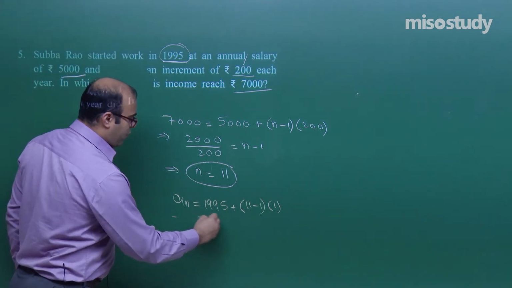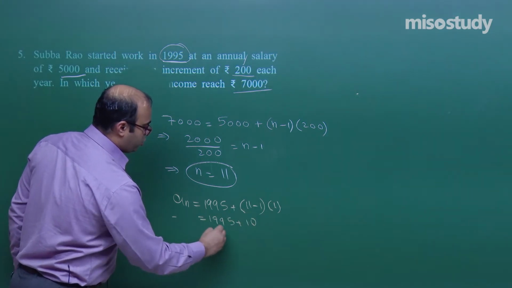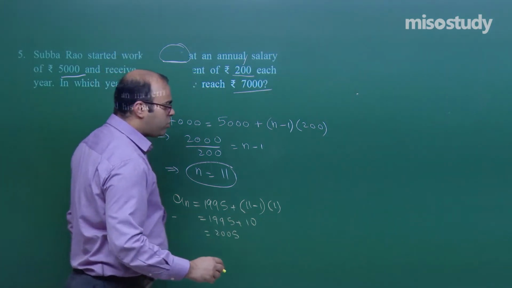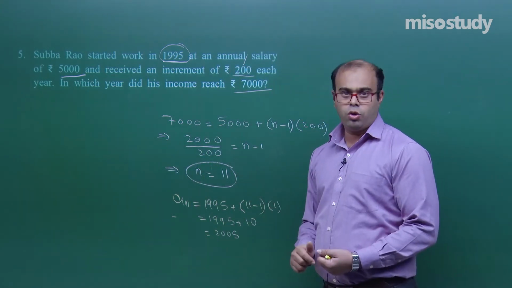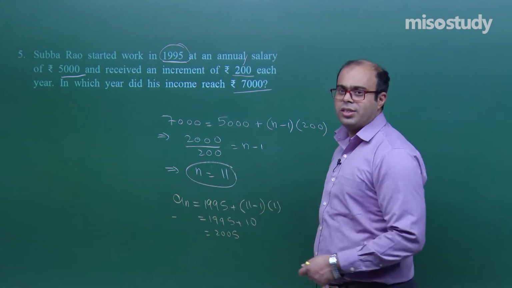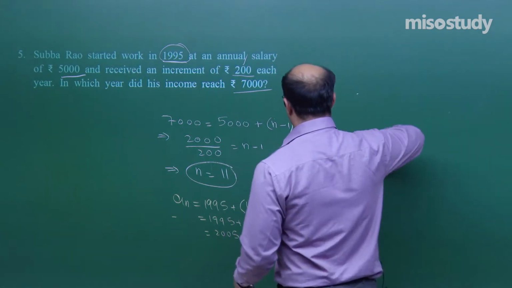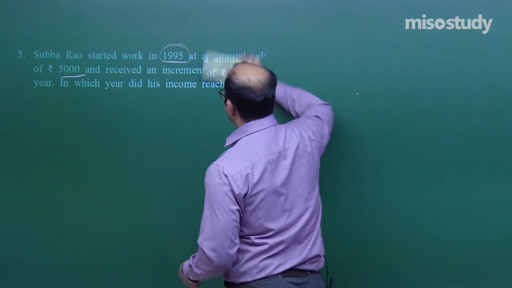So, this gives you 1995 plus 10, that is 2005. So, in 2005 Subba Rao will have the salary rupees 7,000. Okay students, 1995 and after 11 years it will be 2005. So, in 2005 his salary will become 7,000 rupees.